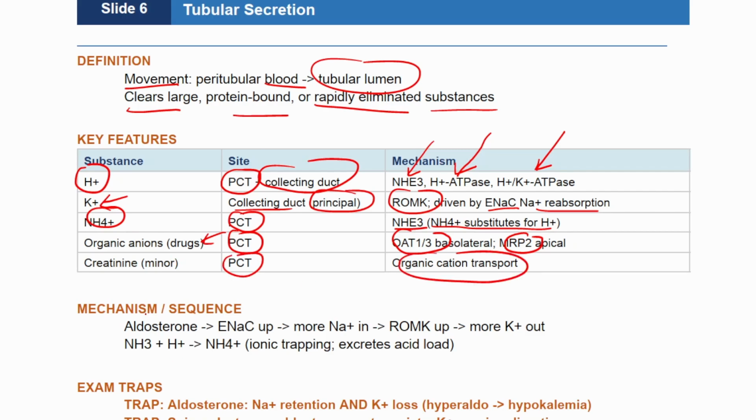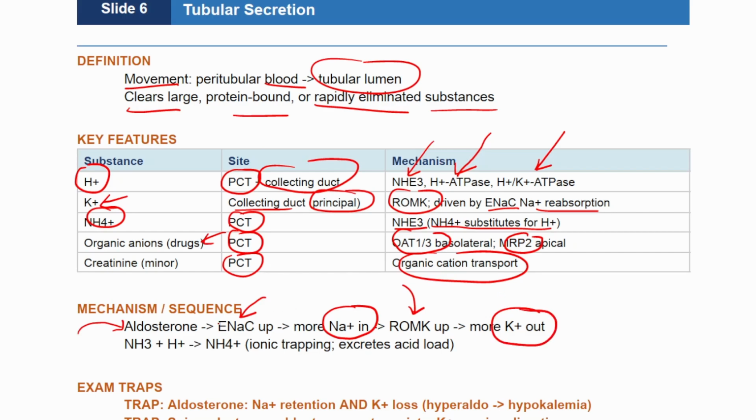Looking at the mechanism, aldosterone acts on the collecting duct, and the cells of the collecting duct upregulate the epithelial sodium channel, and as a result, sodium gets inside, and ROMK upregulation causes potassium to get out and get excreted in urine.